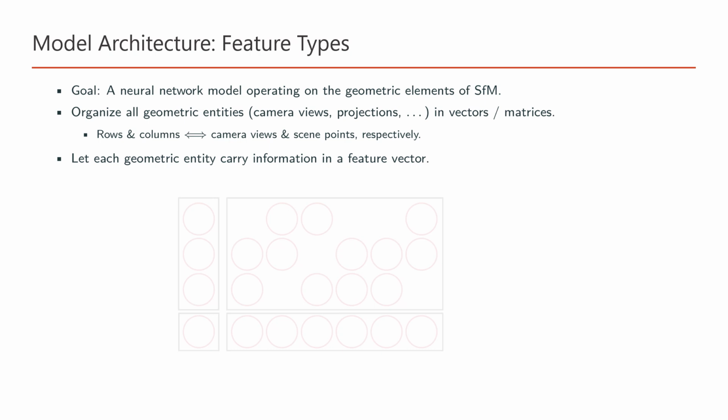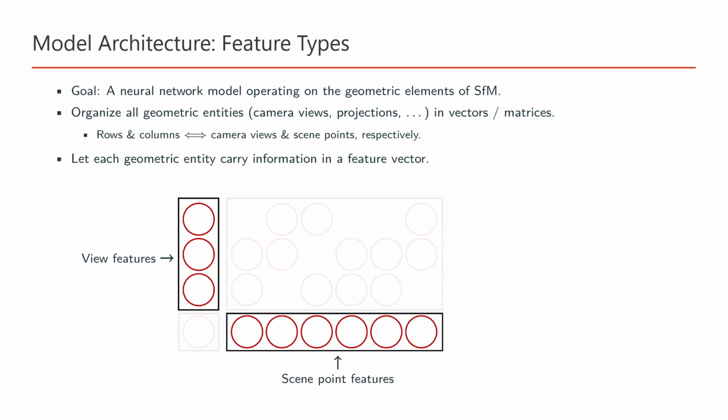That is a standard representation of information in machine learning models. It's a bunch of numbers, essentially. So for our 3 cameras, we have these 3 view feature vectors. We have one for each of the scene points. In the illustration, it was 3 scene points, but in this example, it's 6 of them.